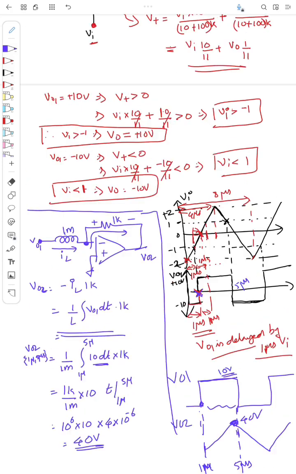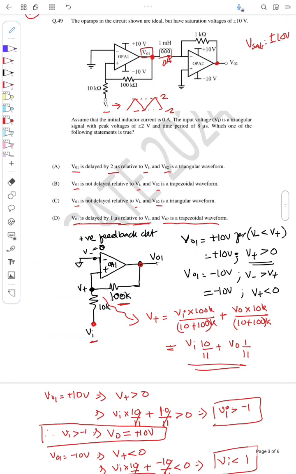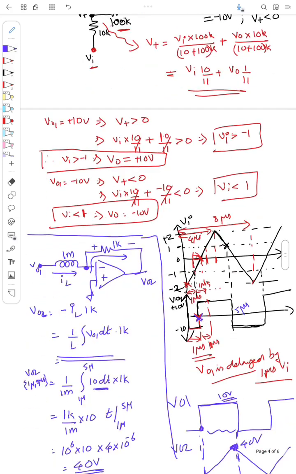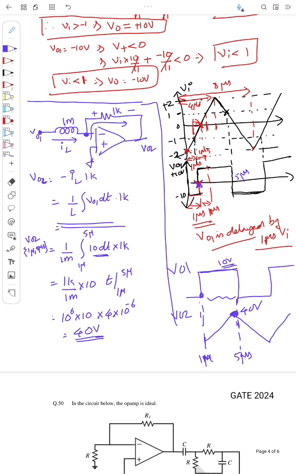Okay, but the given question, op amp O2 is having a saturation voltage of plus 10, so it should not go to 40, instead it will integrate and saturate at 10 volt.